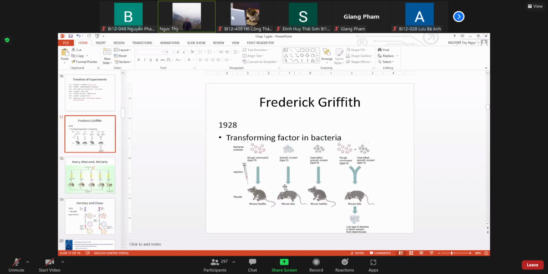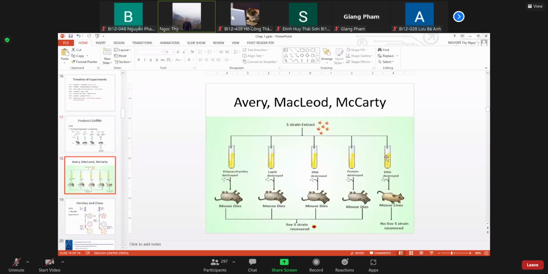When you inject it into the mouse, it will kill instantly, right? But now they pre-treated it with several substances. In the first experiment, they treated it with the enzyme that destroys polysaccharide. After the treatment, the strain injected into the mouse still killed it.